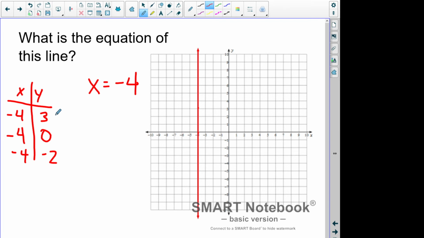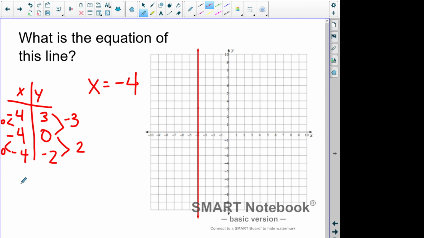Okay. If we look at these changes here, in the second one my y value is increasing by 2, but what's happening to my x values? Well, my x values aren't changing. My x is staying at negative 4, so my change in x is 0. And the same thing here, this is going from 3 to 0, going down by 3, but my x values stay at negative 4.